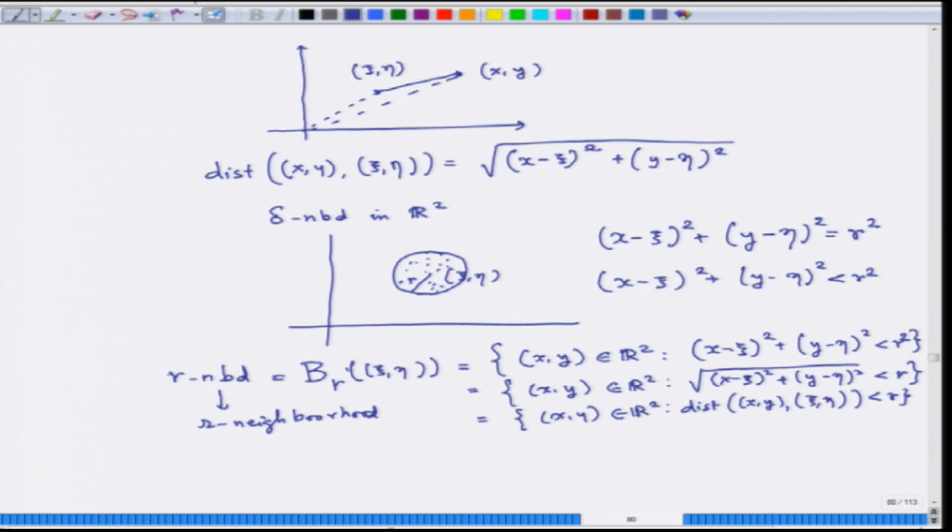This is exactly the distance. Basically the delta, the R neighborhood we are talking about, sorry, this should have also been R neighborhood, I corrected. So, the R neighborhood that we are talking about, this is exactly the distance.